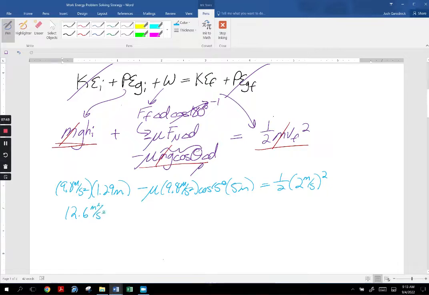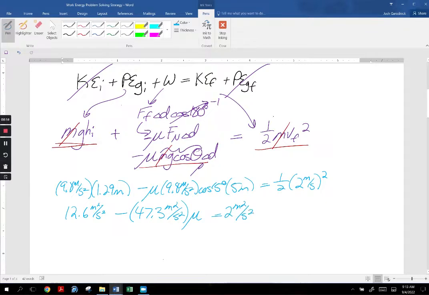Those are the units. Minus, and then if I do 9.8 cosine 15 times 5, I get 47.3 meters squared per second squared times mu, and then 1/2 of 4, that's pretty easy. I can do that one in my head. 2 meters squared per second squared.